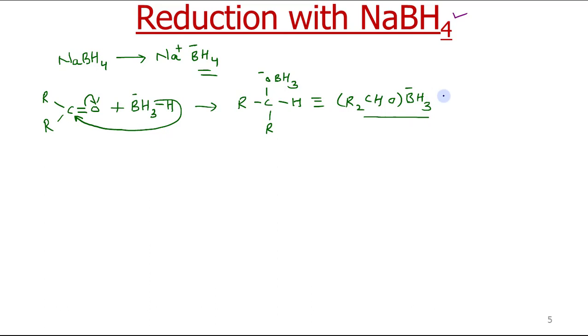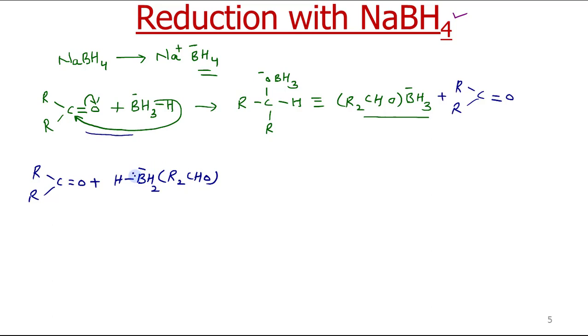It will further react with R C R double bond O, similar to the first step. Let us see how it will react. We have R C R double bond O plus H BH2 negative, and in the bracket we have R2CHO.